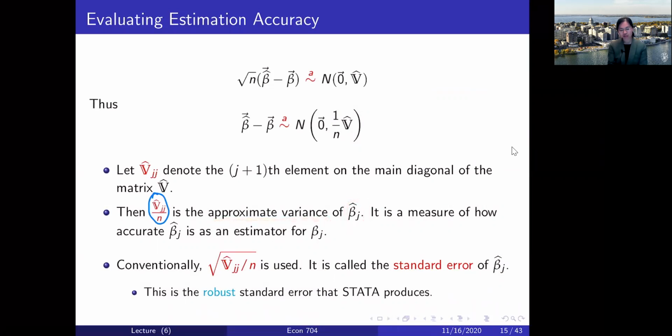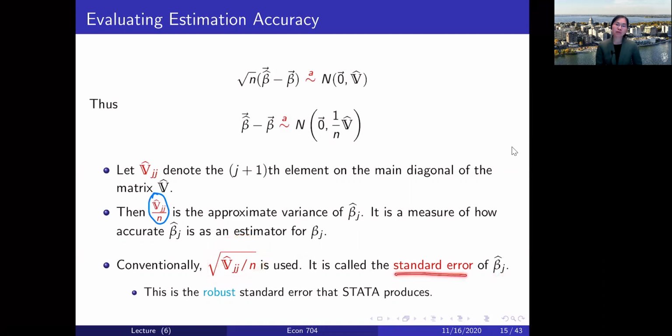And that is a measure of how accurate beta hat j is as an estimator for beta j. Just like before the midterm, when we were estimating the population expectation using the sample mean, that sample mean has an approximate variance as well. And just like there, we usually use the square root of the approximate variance to evaluate the accuracy. The square root has a name, which is the standard error of the estimator.